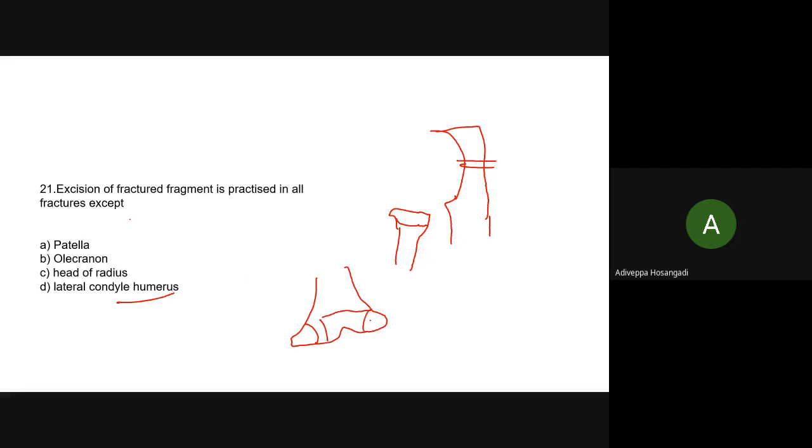Okay, we'll go one by one. If there is a small piece of the head fracture, you will excise. So this is correct. Olecranon, again, if there is a small fracture, you excise, you don't fix it, if it is not compromising the elbow stability. If by removing this bone and repairing triceps you are not compromising the elbow stability, you excise.